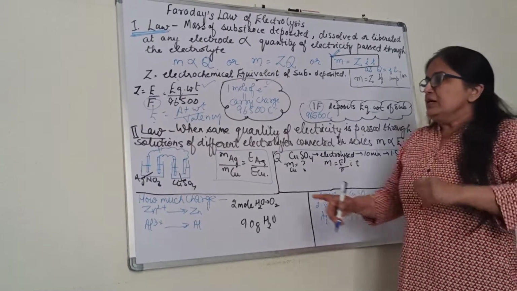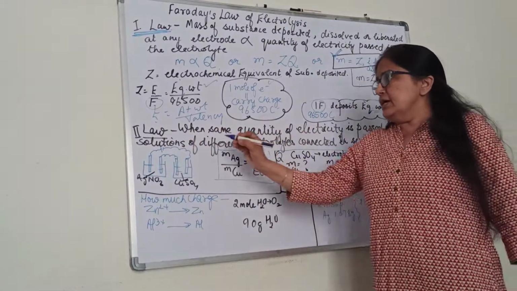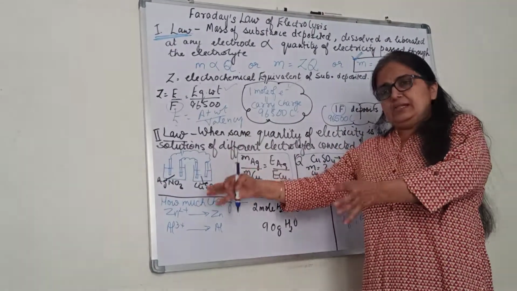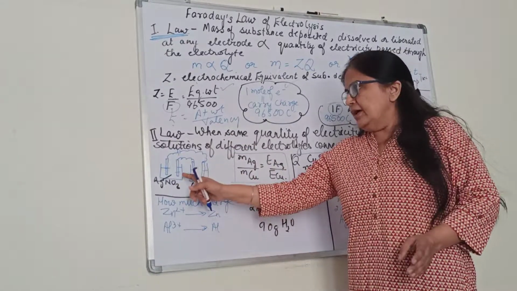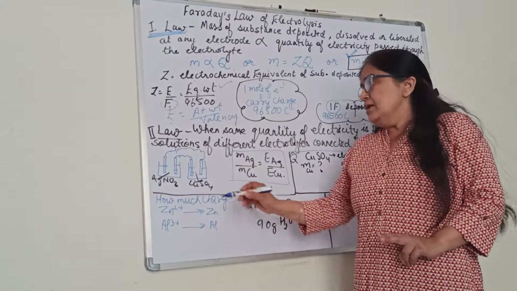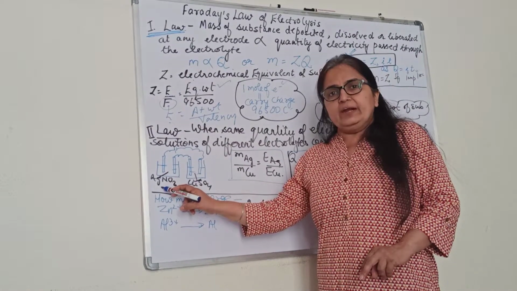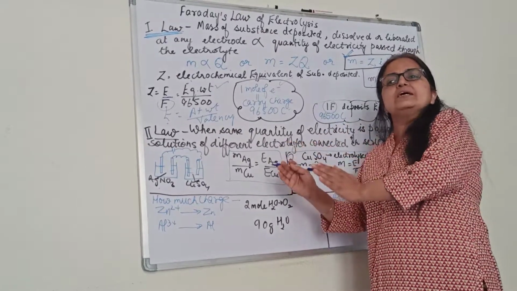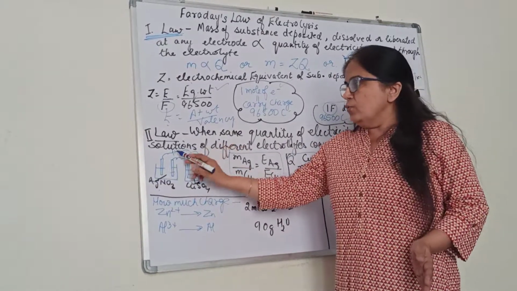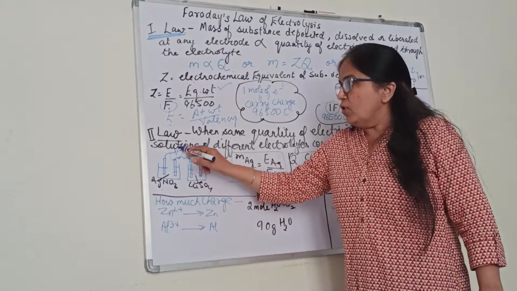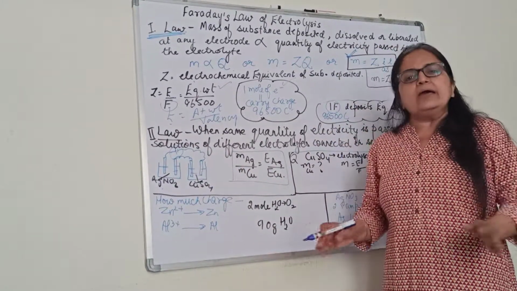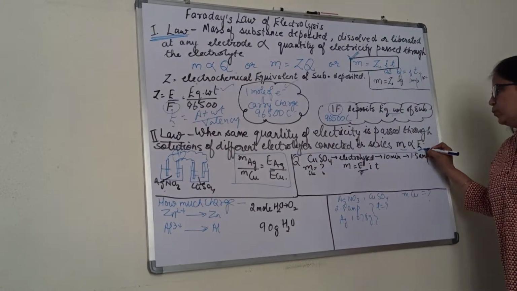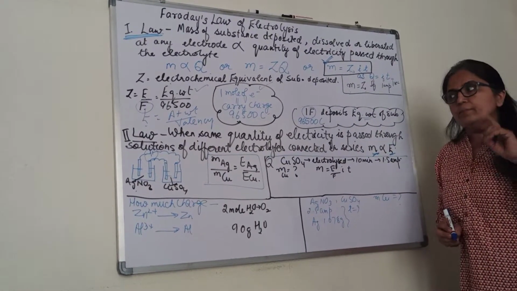Clear? Now, the second law of Faraday. The second law of Faraday says if a number of electrolytic cells are connected in series, like I have shown you 2 electrolytic cells, one containing silver nitrate, another containing copper sulfate, with one battery, and the same quantity of current is passed through them, then the amount deposited is directly proportional to their equivalent masses.